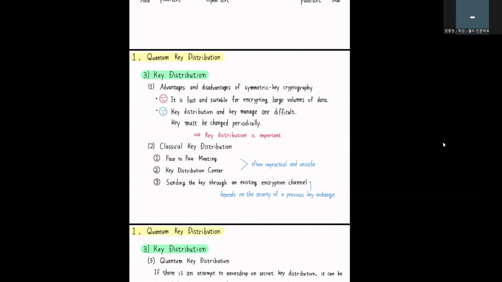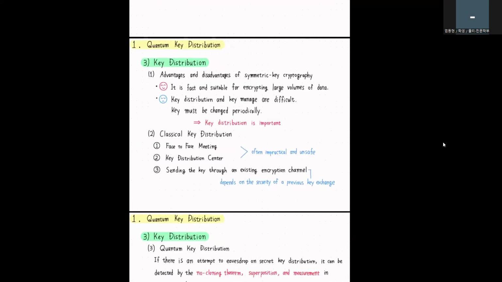So this means that key distribution, which is basically distributing keys to the relevant parties and withholding access from malicious parties, is important.